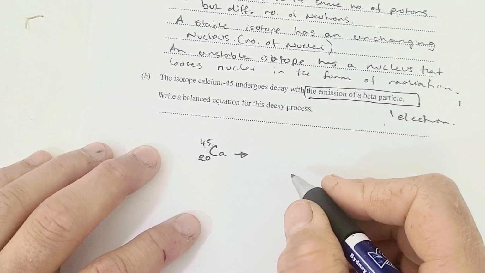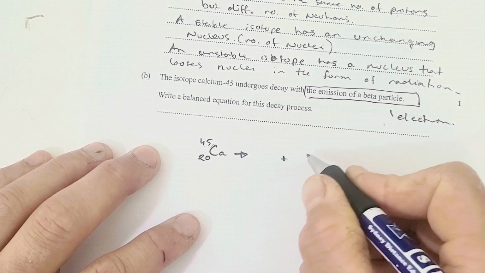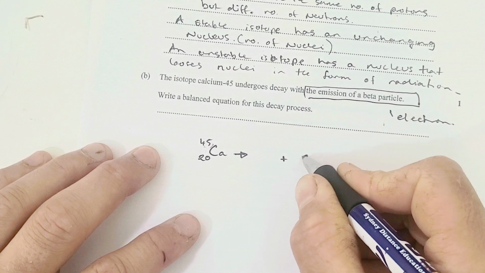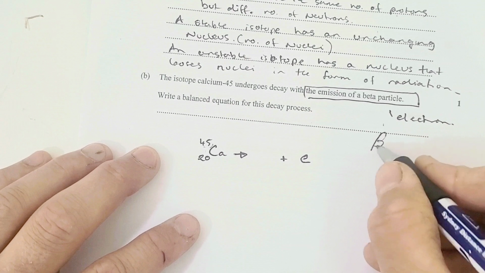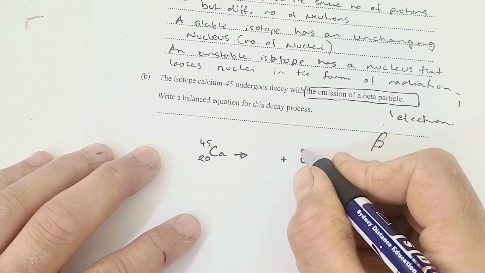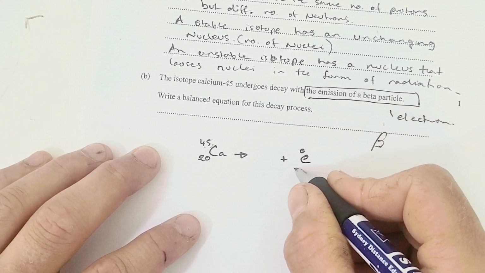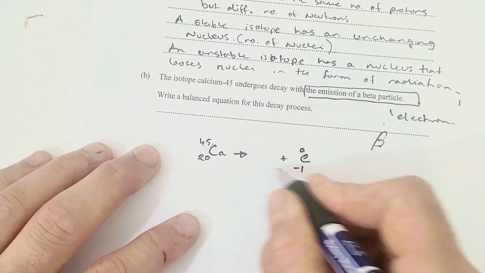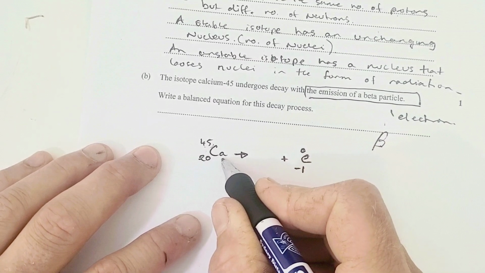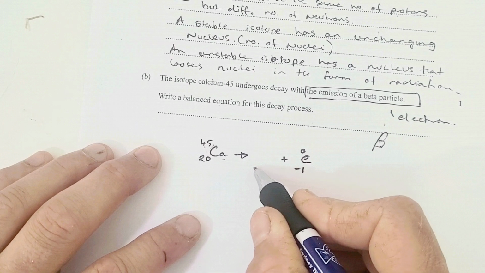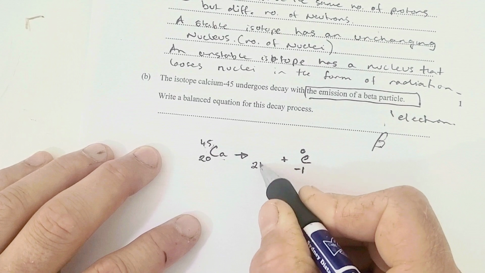Okay, so it is going to give off an electron or a beta particle. You can write it like this. And electrons we're saying have no discernible mass and a charge of -1. Now this has to be balanced. So calcium, something here with a certain number of protons must be 21.